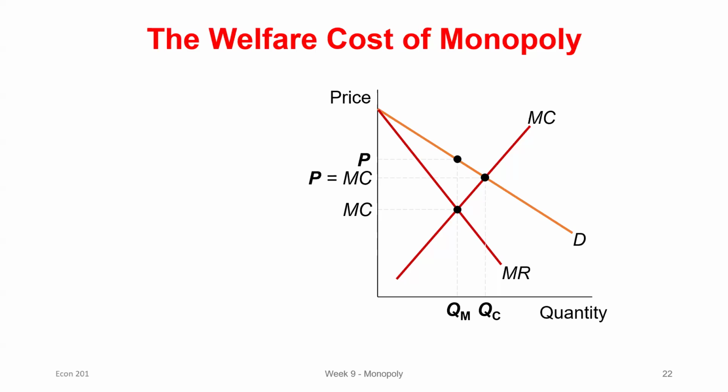What will the width of this triangle always be? The number of units that the monopolist underproduced relative to that perfectly competitive market. So you can think about it as the difference between price and marginal cost. That's essentially the value in the market for those units times the number of units no longer being supplied to the market.